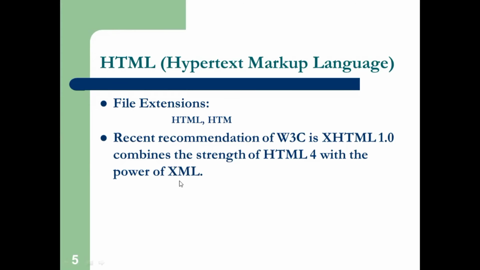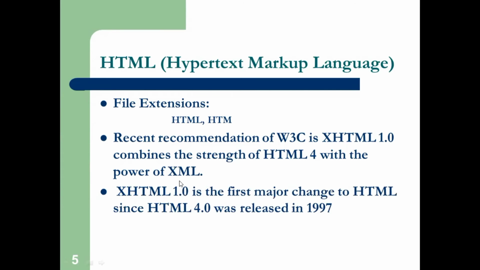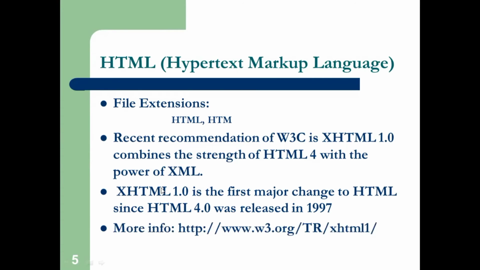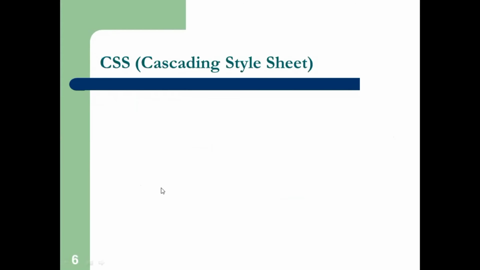When we write our code, we will discuss that further. HTML5 is a major change in HTML since HTML4 was released in 1997. The HTML5 version was released, I think, in 2013. So XHTML is a combination of two markup languages. You can get more information on this.